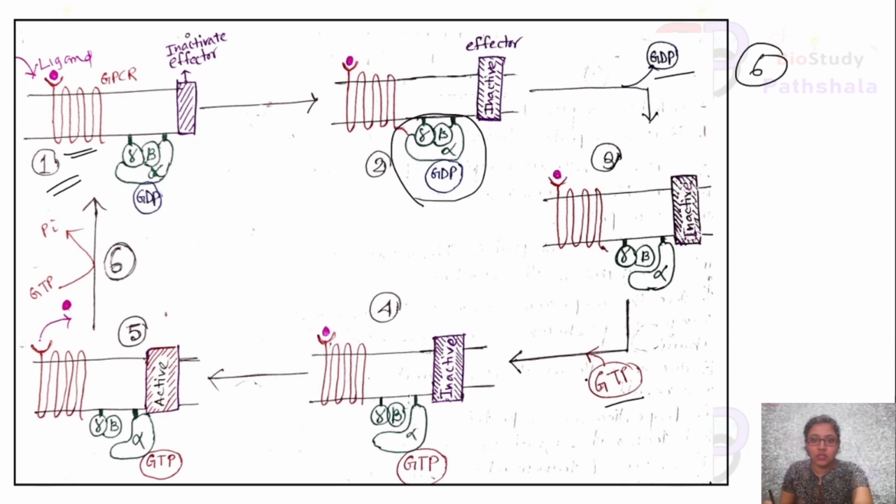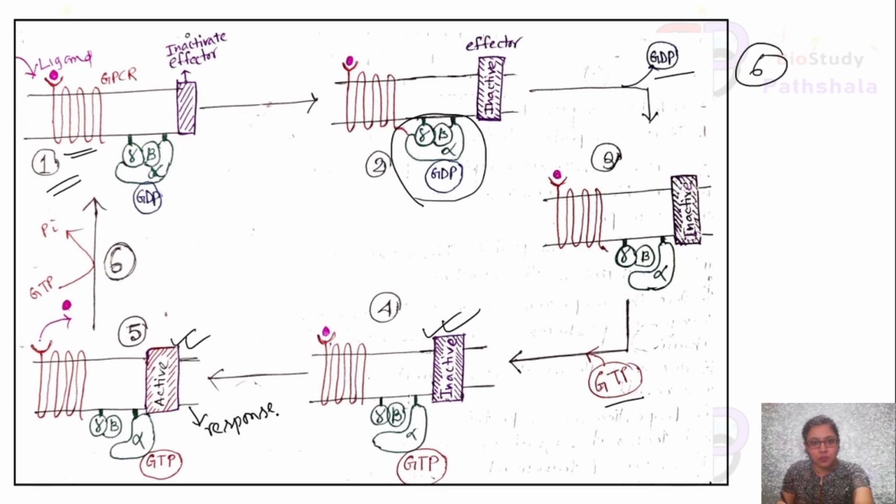After association of the GTP with the alpha subunit, it goes to the inactive effector and interacts with it, resulting in the activation of the effector, and this effector further shows the responses.